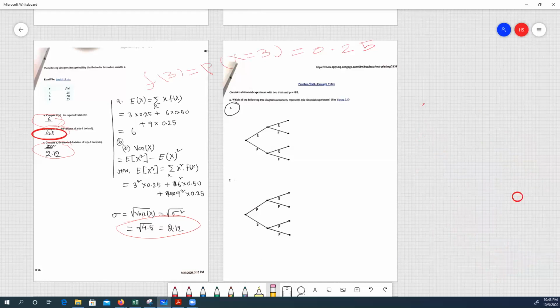For example, if you toss a coin, you will have either head or tail, because a coin has 2 sides. So you will have only 2 outcomes.